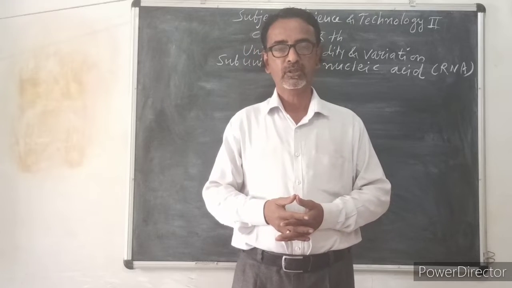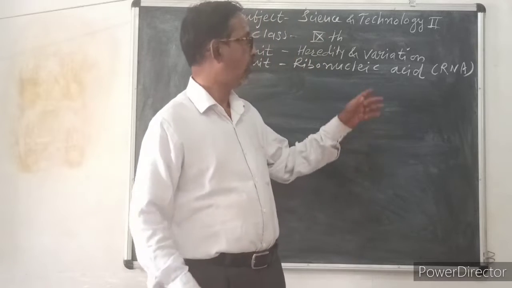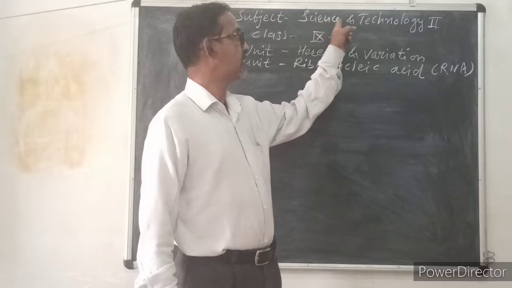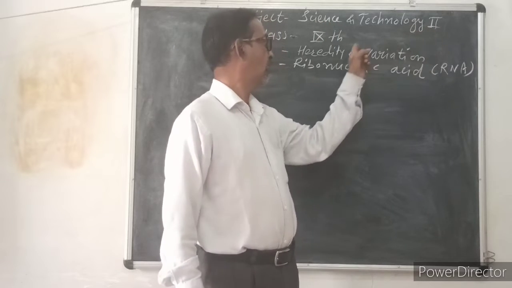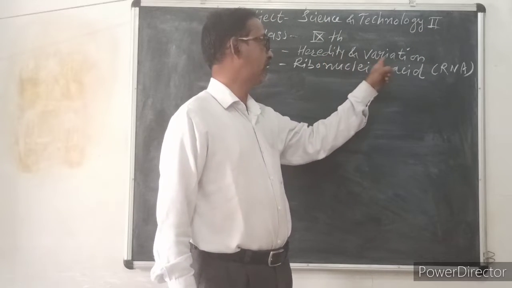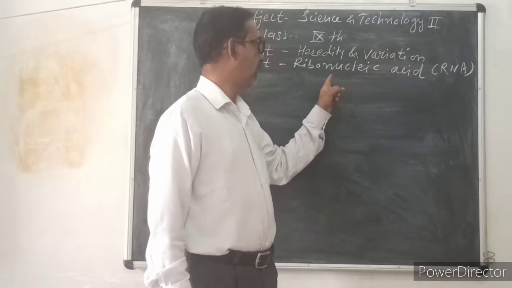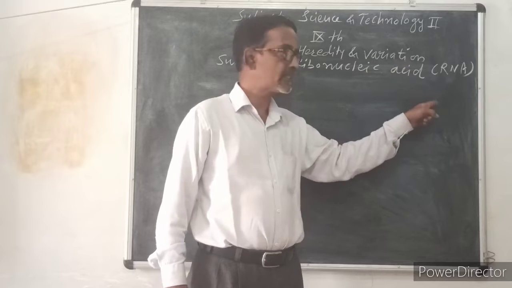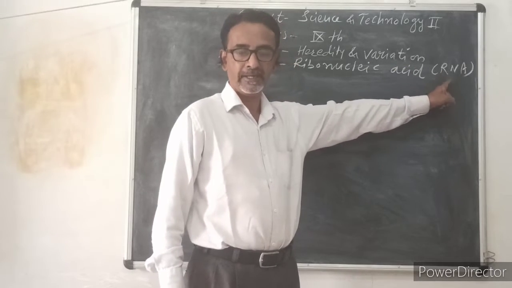Dear students, we are studying online classes about 9th class Science and Technology 2, and the chapter is Heredity and Variation, and today's point is about ribonucleic acid, also called RNA.